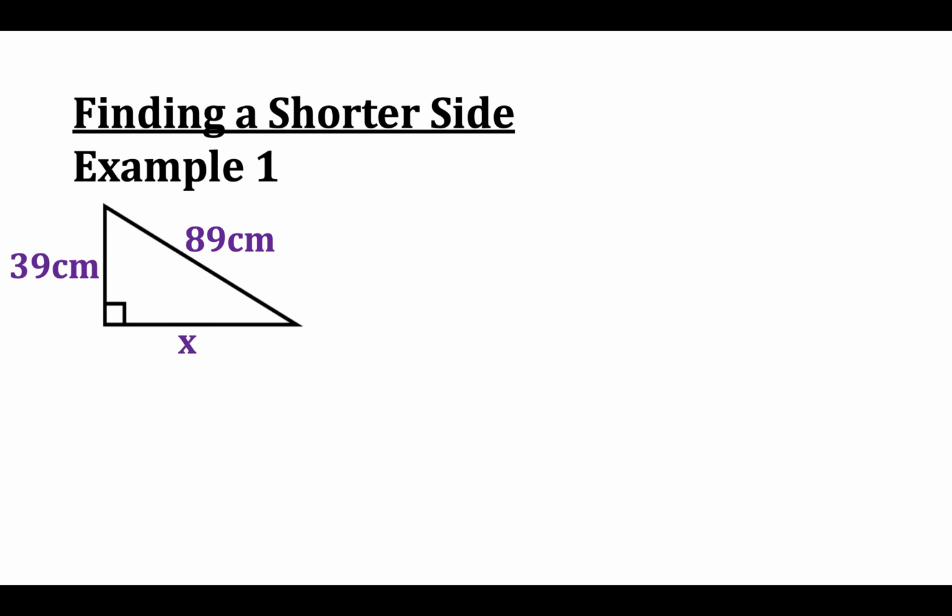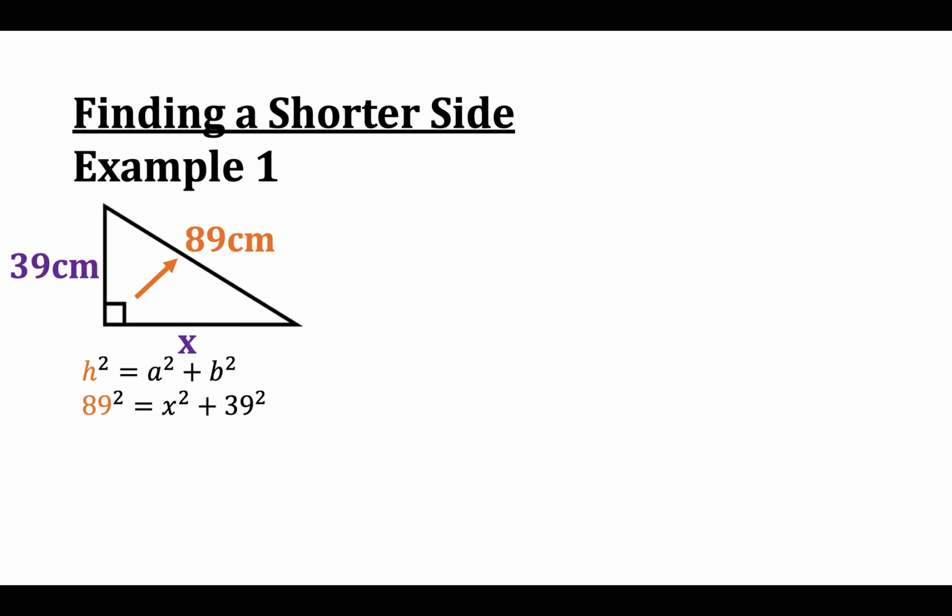Again, the drawings aren't to scale, so it's just a representation of what the triangle might look like. So we observe firstly that we've got a right angle triangle, and therefore we can use Pythagoras' theorem. Opposite our right angle is our hypotenuse, which in this case is 89 centimetres.